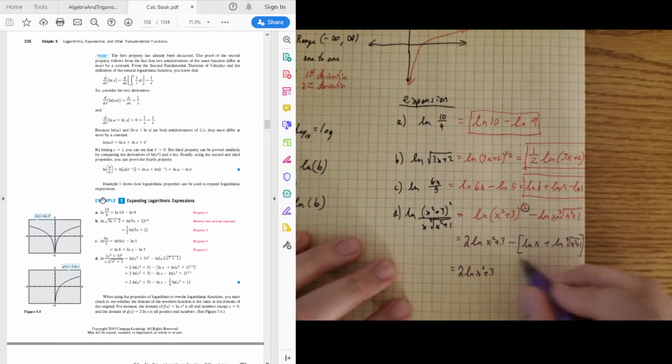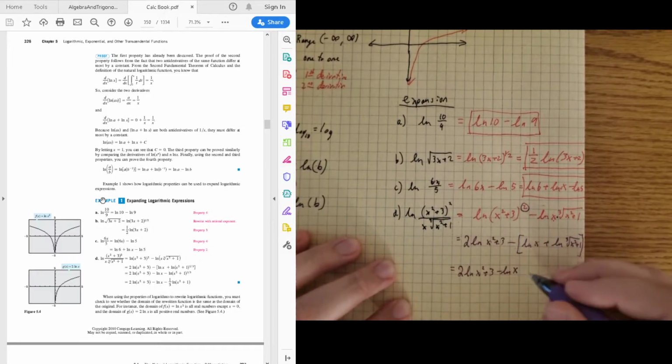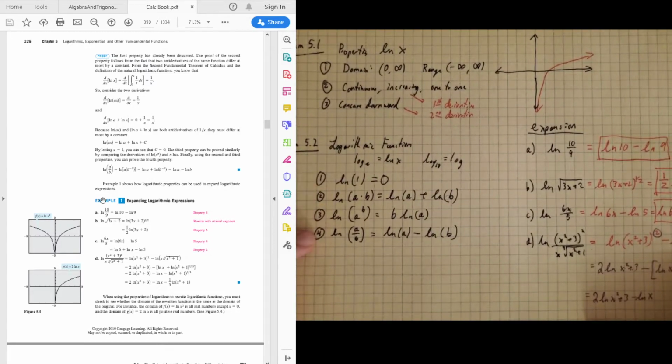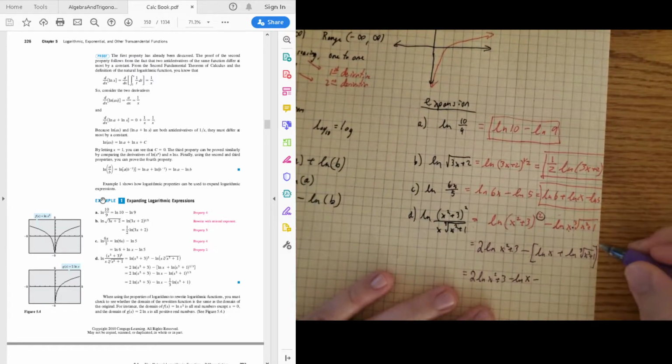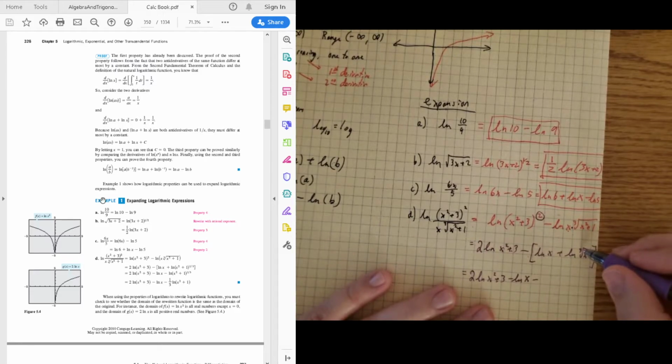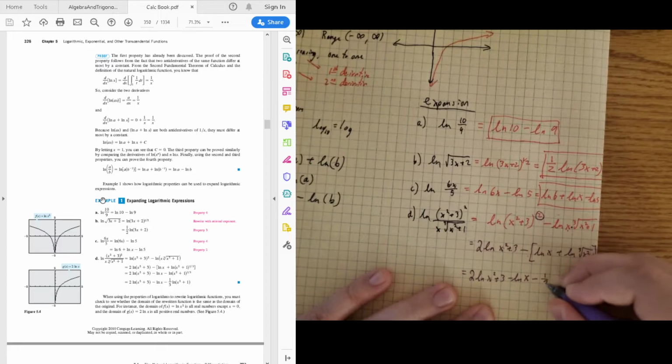Okay, distribute the negatives. This becomes negative ln of x. Ln of x cannot simplify any farther because there's nothing being multiplied, powered, or divided. But this last term, there is something happening. We have a radical, and we can rewrite this radical as a 1/3 power and then bring it out front.